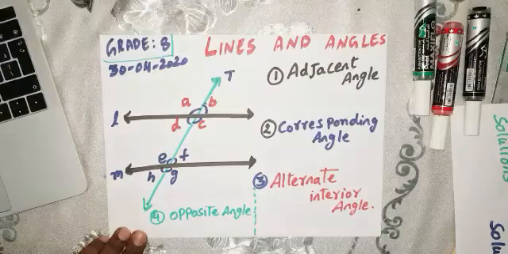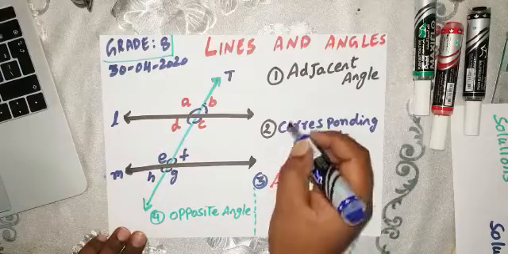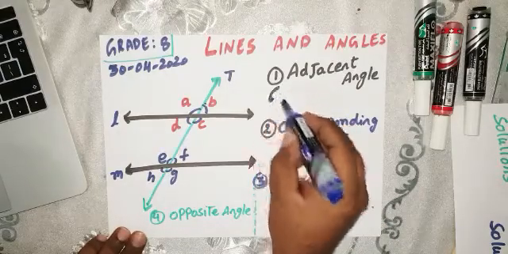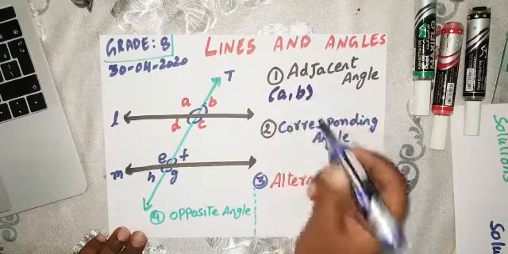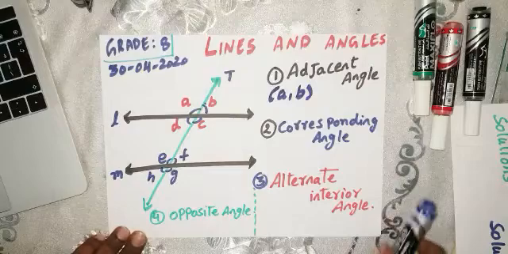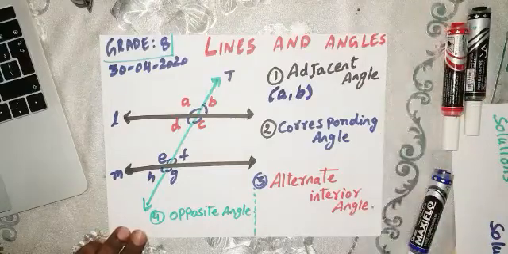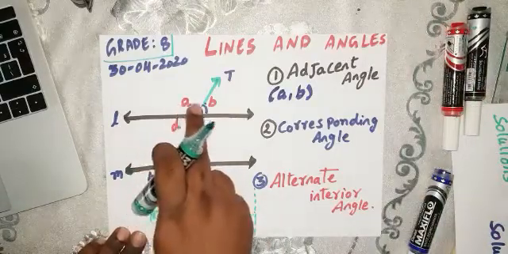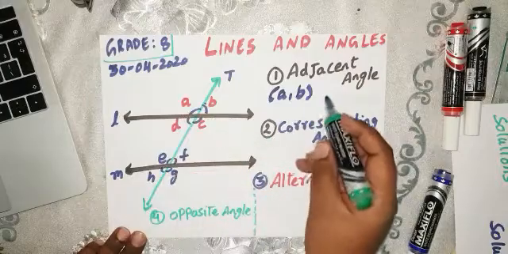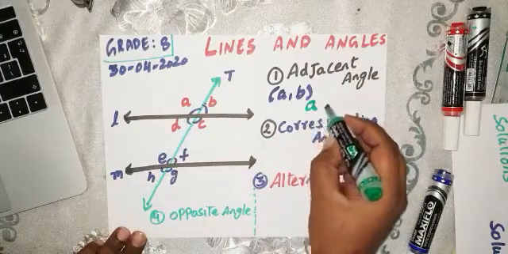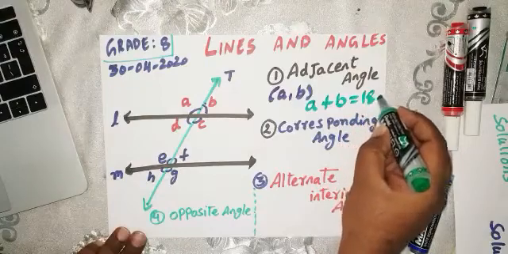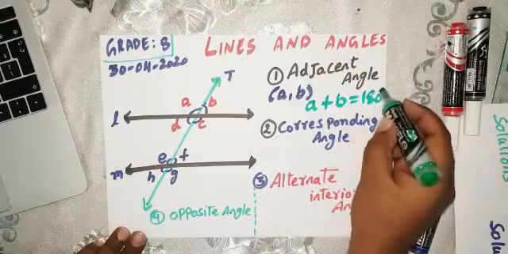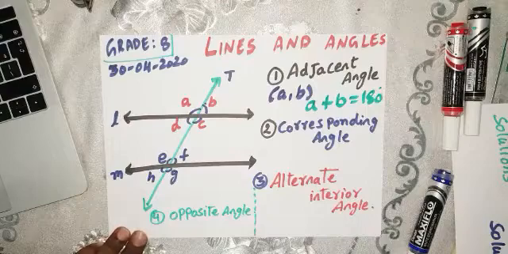So let us say adjacent angles are A and B. How are we relating these adjacent angles? The rule is if two angles are adjacent, the sum of the adjacent angles should always be 180 degrees.